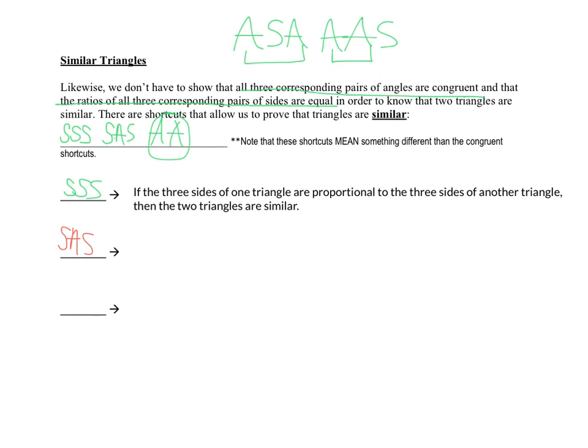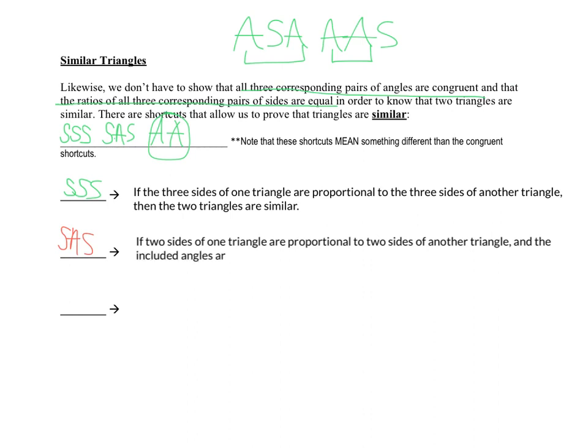So this one says if two sides of one triangle are proportional to two sides of another triangle and the included angles are congruent, then the triangles are similar.